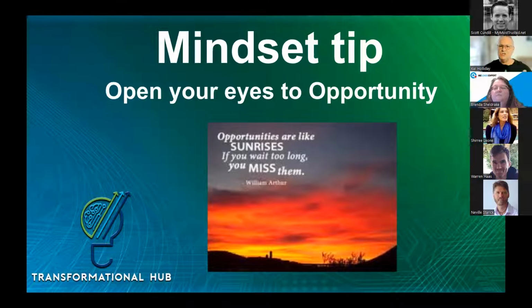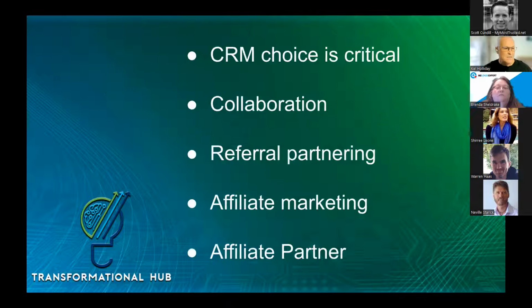Once you get into MMT and understand those pieces, the chance of you getting banned and breaking their conditions is quite low. So what's critical here, and Warren's going to go through some more stuff in a moment, is what's your CRM choice? It's a critical piece: knowing whether you want to use webhooks or Zapier, or you want something that's already 100% integrated and done with best practice in conjunction with Scott and his team.